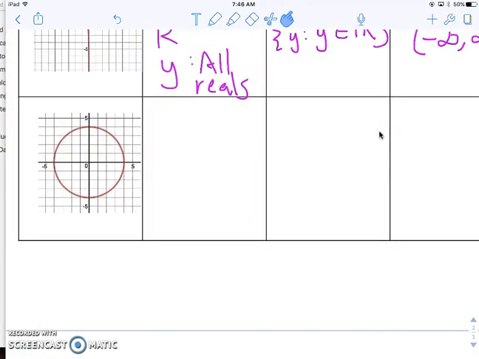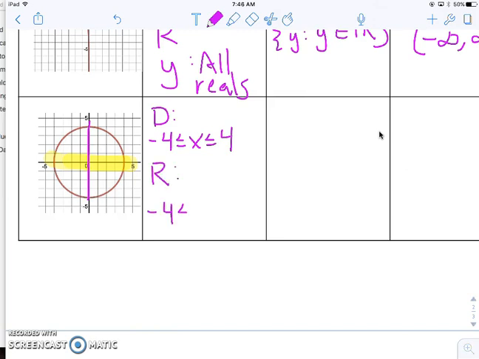And then this last one, we have a circle. So if we read this like a book, let's see, negative 4 to positive 4, negative 4 to positive 4. So our domain, negative 4 is less than or equal to x is less than or equal to 4. And our range would be the same, negative 4 less than or equal to y less than or equal to 4.